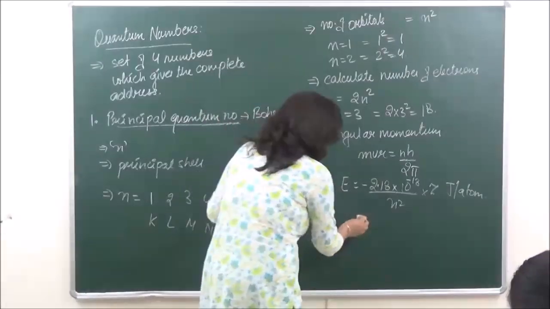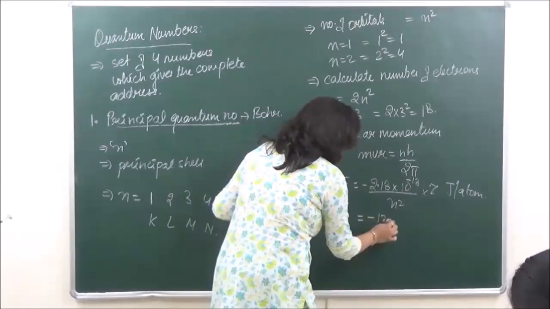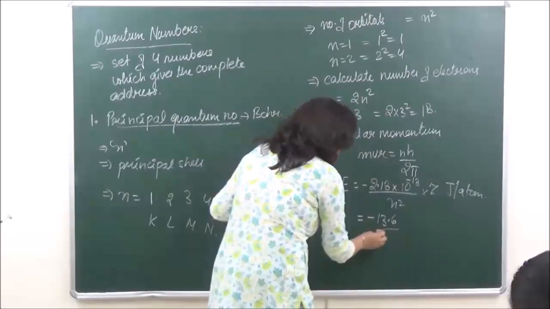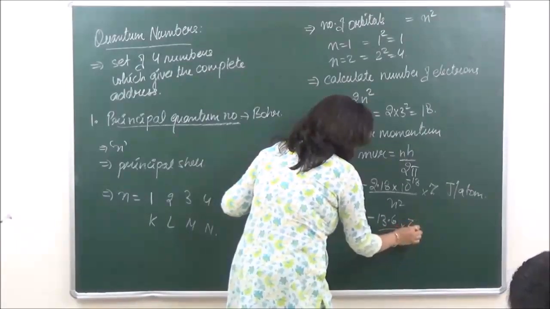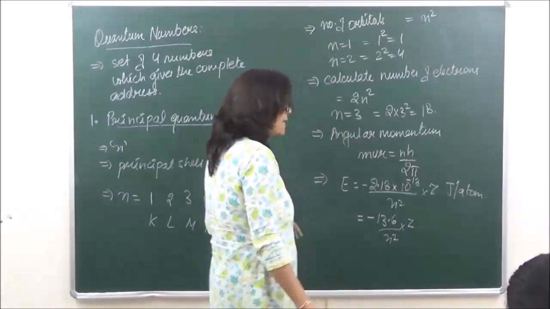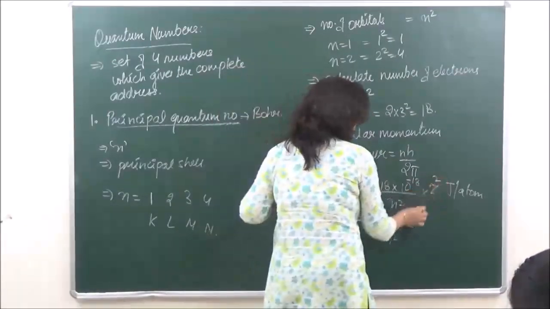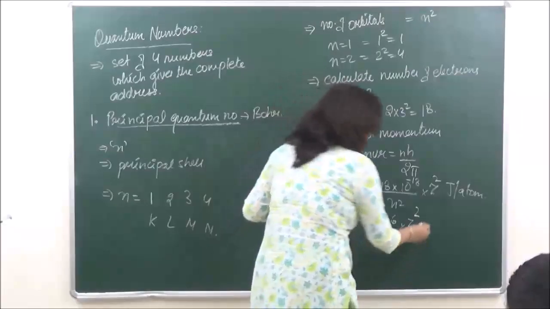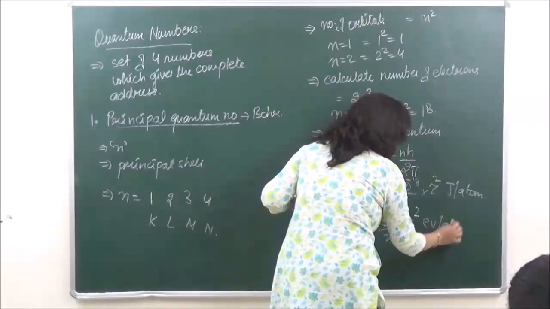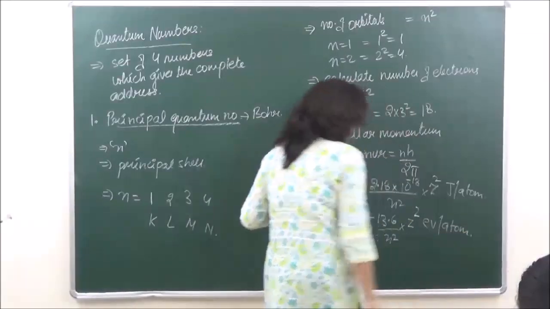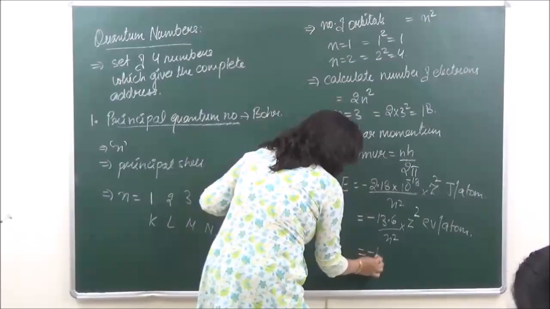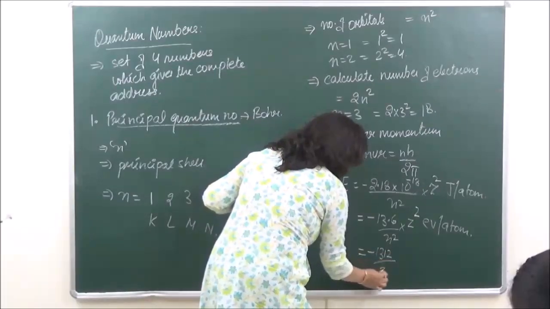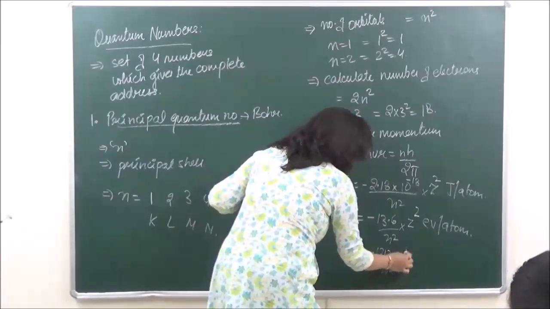It also gave us the energy in electron volts, minus 13.6 upon n square into z square electron volt per atom, and also in kilojoules per mole, which is minus 1312 upon n square into z square.